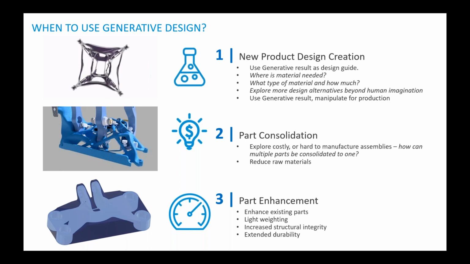The last one is the inverse of what I was just showing here. We had an existing part and we want to make it better. Can we find a new material that might allow us to make it cheaper, lighter, or more cost effective? We're leveraging that as a form of exploration.